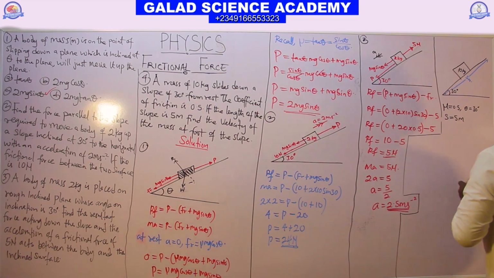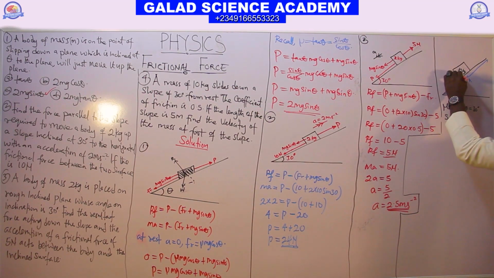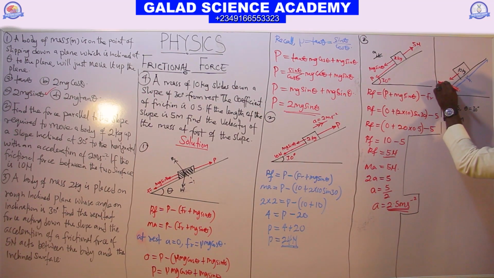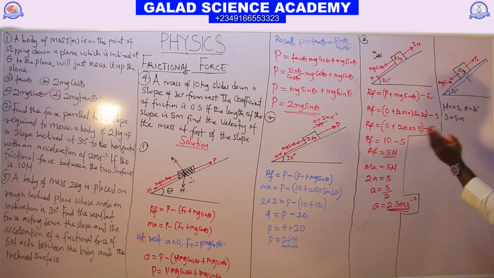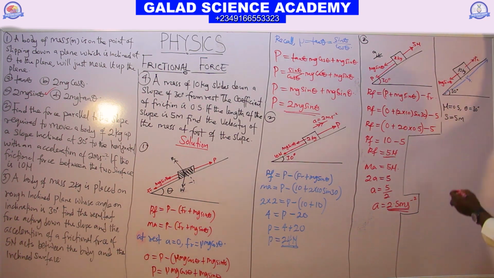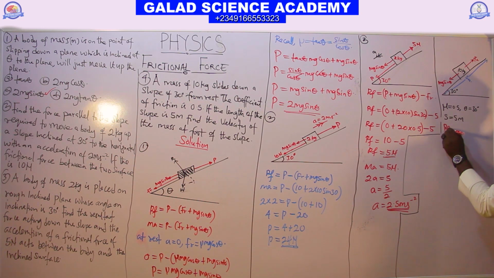When the body slides down, we have mg sin theta, and then the frictional force. There's no applied force. So the resultant force will be equal to mg sin theta minus the frictional force.